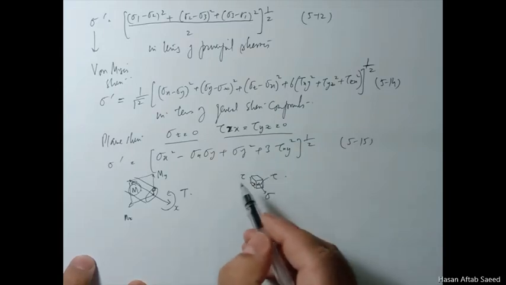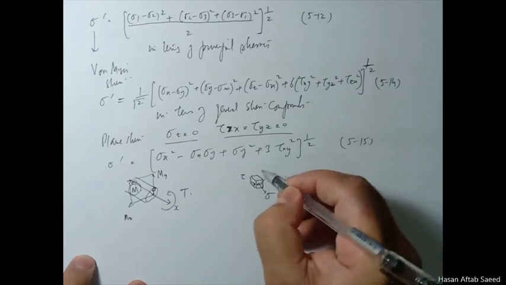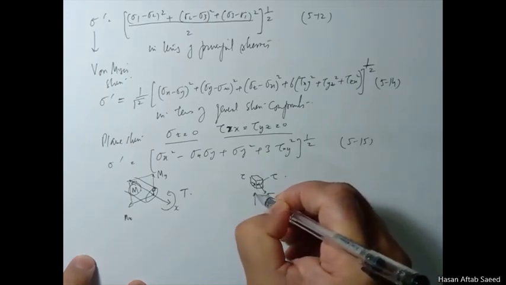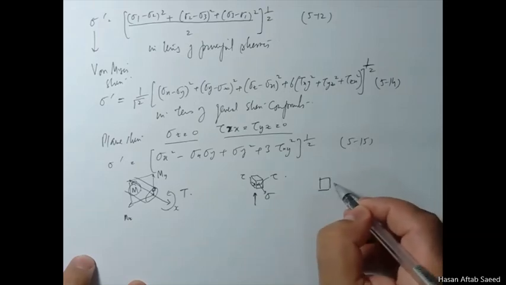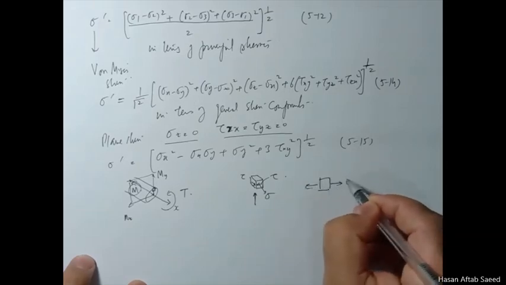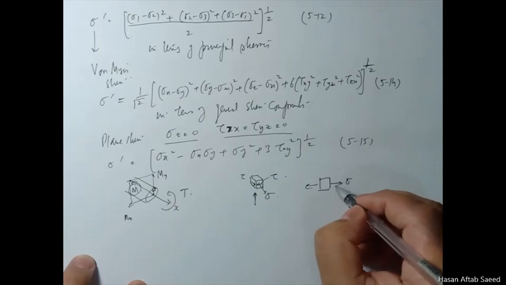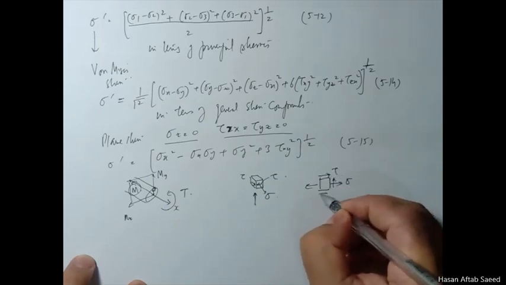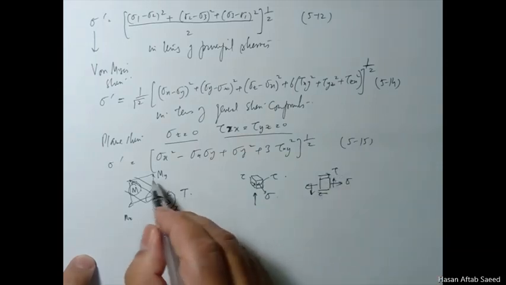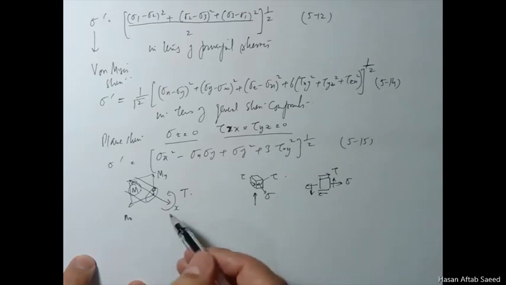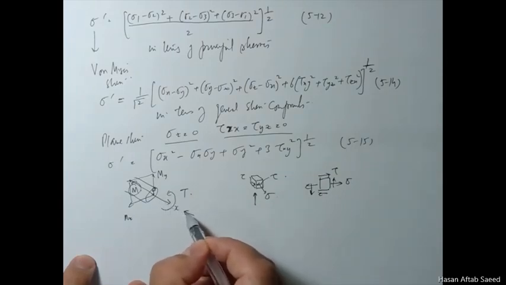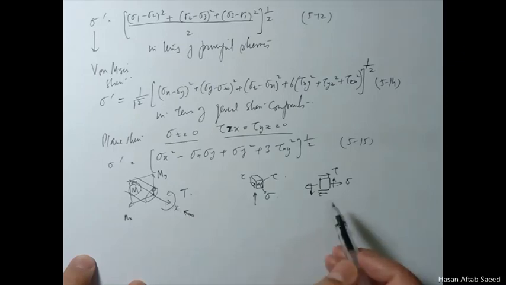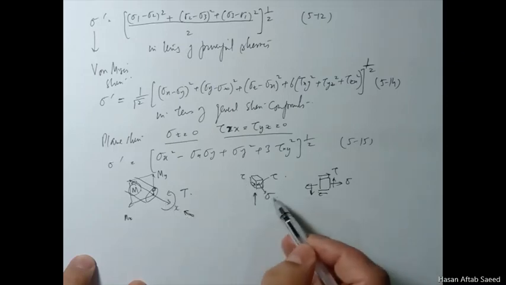So if I look at it from this direction, you have this situation: sigma, tau. Even if you consider the axial component, because there's an axial force also, as we have just seen, that also is in this x direction.